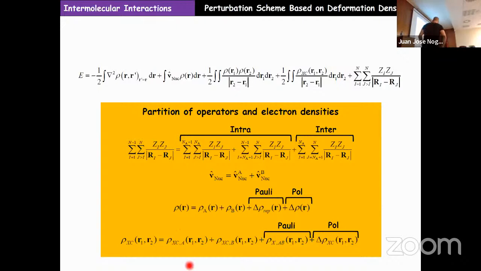Well, I can do the same. The exchange correlation density in a perturbation with A and B, the intermolecular exchange, but with the unperturbed systems, before the orbital relaxation, and then how the exchange correlation density changes when the electrons relax.